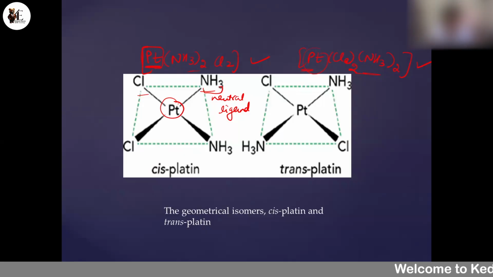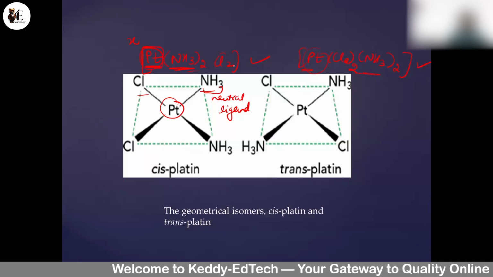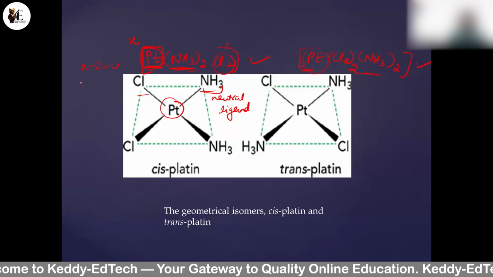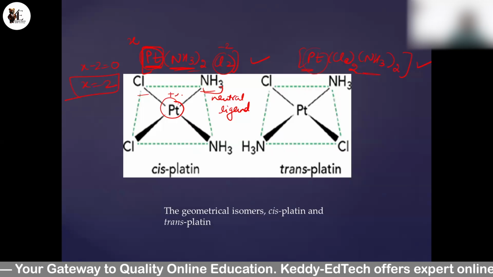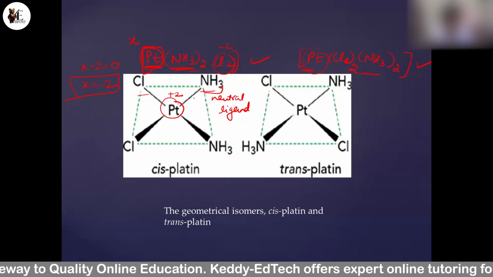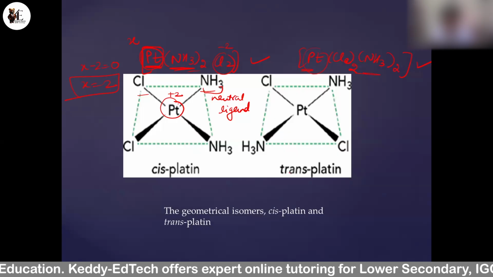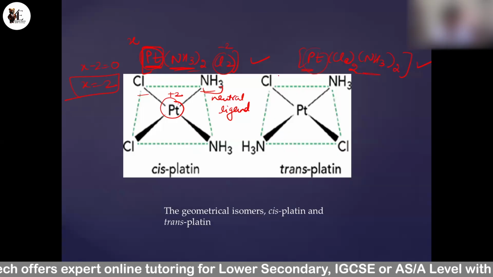Ma'am, is it +2? Yes, let us calculate. So yes, it is +2, because if you take platinum as X, ammonia is neutral and chlorine is -1 each. So X minus 2 is equal to 0, that is X is equal to +2. +2 is the oxidation state for platinum. Okay, so ma'am, the overall charge is +2? Yes. Overall charge is +2.